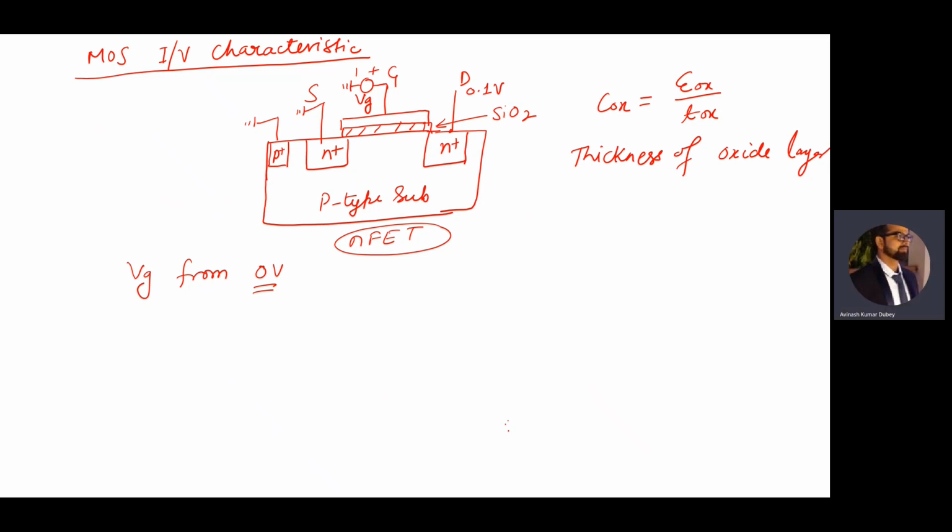So COX is the capacitance offered between the gate and the substrate region.